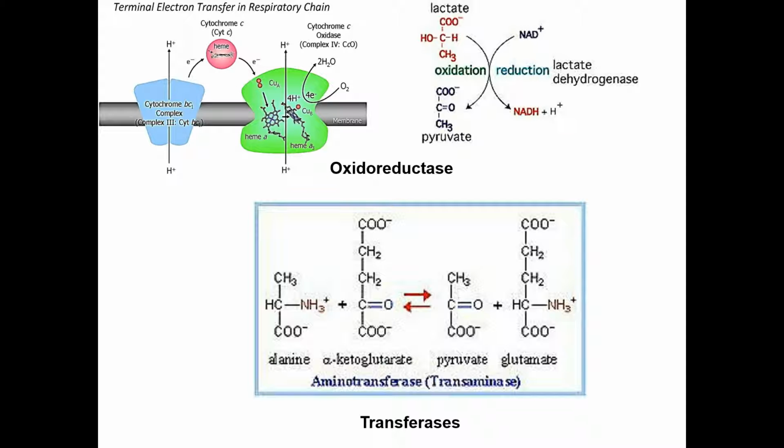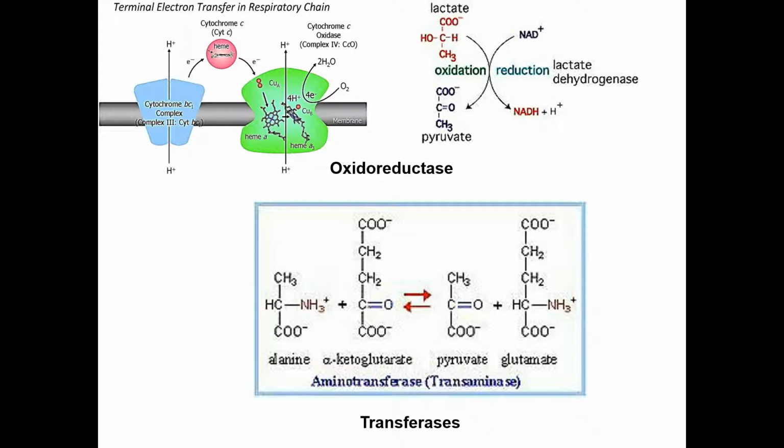Here you're looking at an example of an oxidoreductase enzyme, on the left. For example, cytochrome C oxidase. This is a membrane protein that you find in the membrane of some bacterial cells. It'd also be something you'd find in the membrane of the mitochondria.